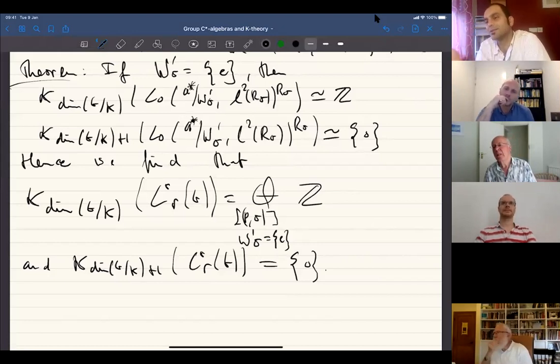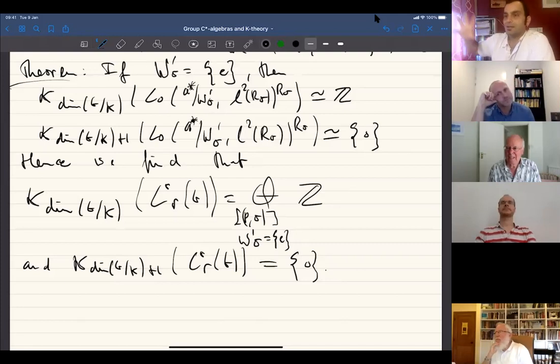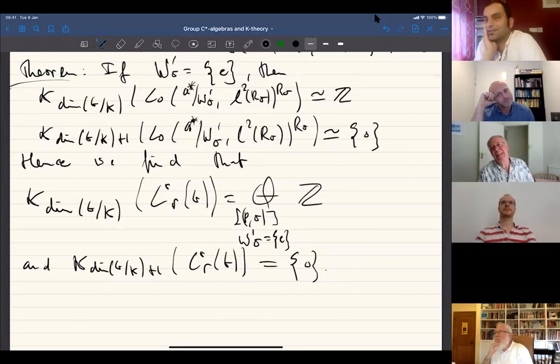So it looks like this description of the C-star reduced algebra of G is very representation theoretic, basically, right? And it seems to me that one of the main selling points of these reduced group C-star algebras is that you give some independent way into the representation theory of groups, but it looks like we use representation theory of G to describe this guy, and I feel like it should go the other way around.